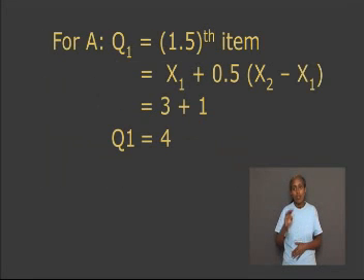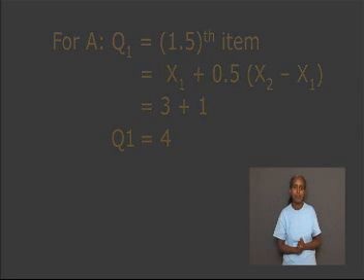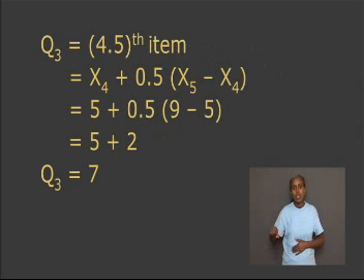For A, the first quartile is the integer at the position of 1.5. To find the first quartile, we add the value of x1 to the difference between x2 and x1 multiplied by 0.5. By substitution, we find the first quartile to be 4. The third quartile is at the position of 4.5.